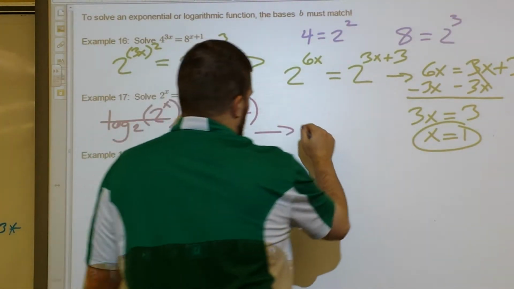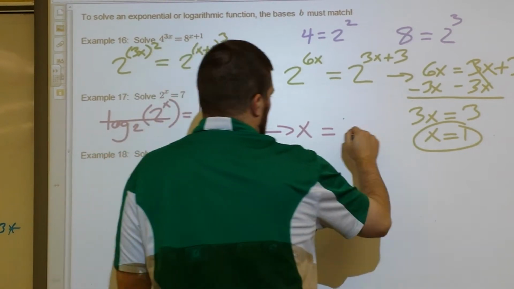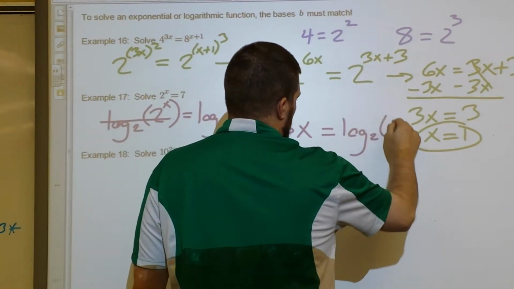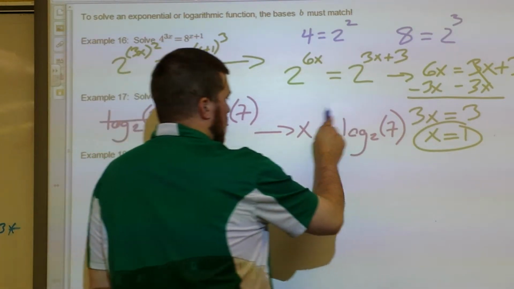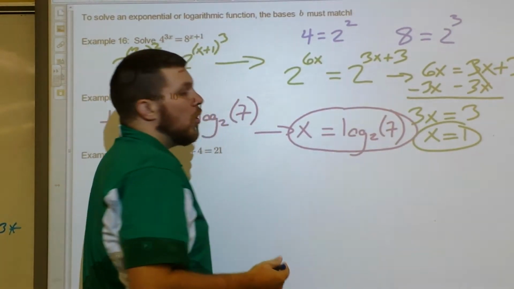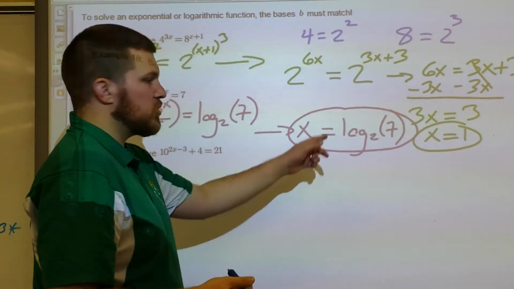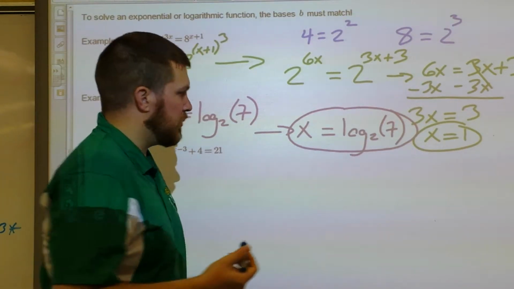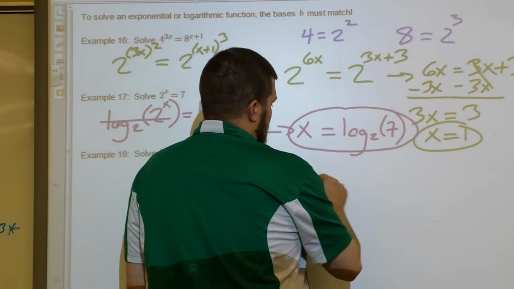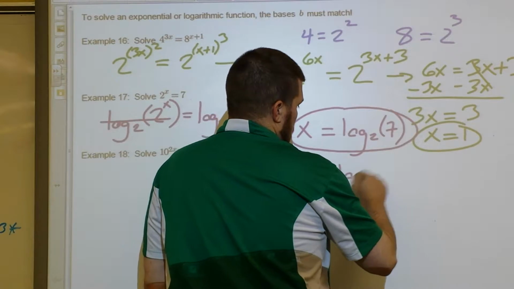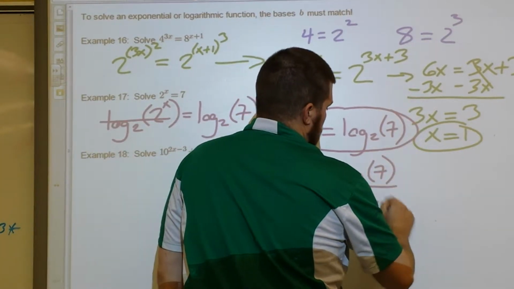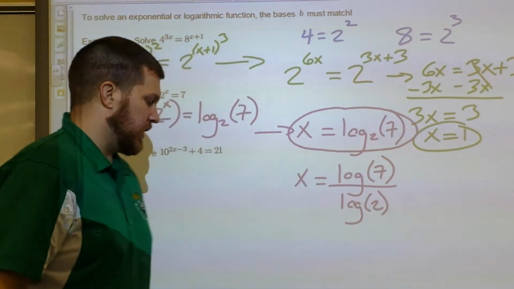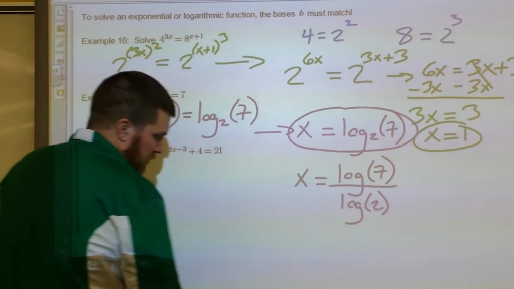So what that means, I have x equals log base 2 of 7. Now, I could technically stop there because I have x by itself. Or, I can use the change of base rule that we talked about in the previous video, and say x equals log of 7 over log of 2, and then we can type that in our calculator and get a decimal.